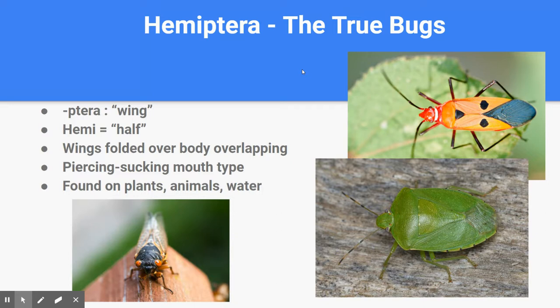In truth, though, the main reason they call them the half-wing insects is if you look at their body, you'll notice somewhere a diagonal line. See that diagonal? You can look here and see it. And we get a resultant triangular shape. This is because the wings fold over each other and they overlap.